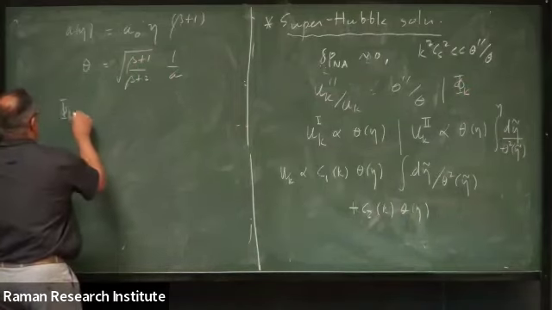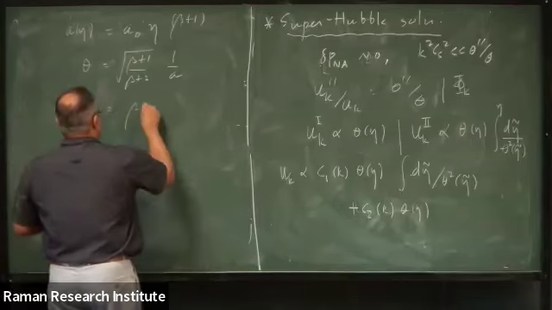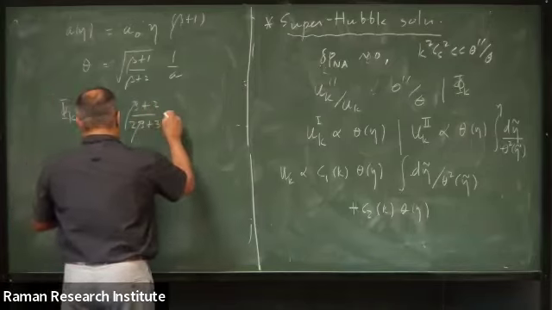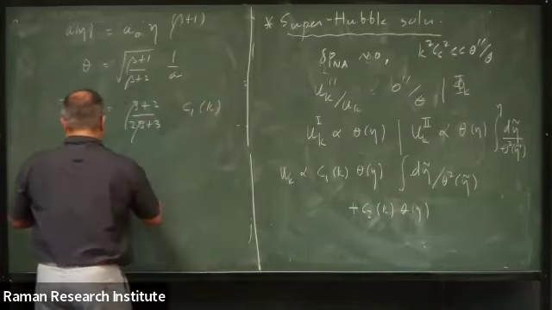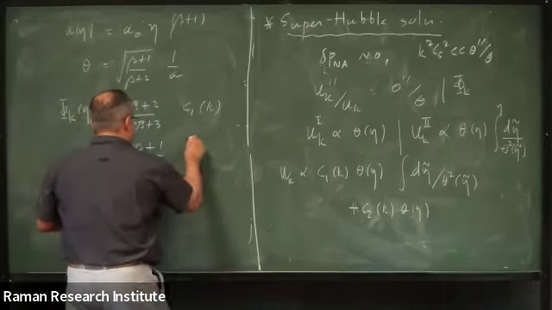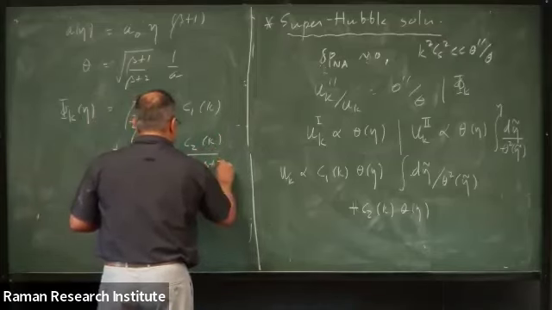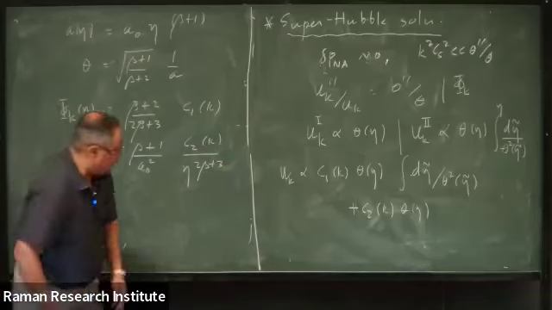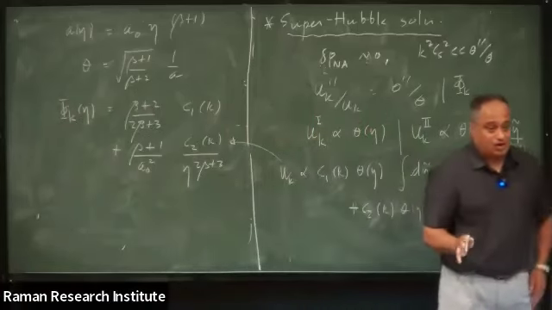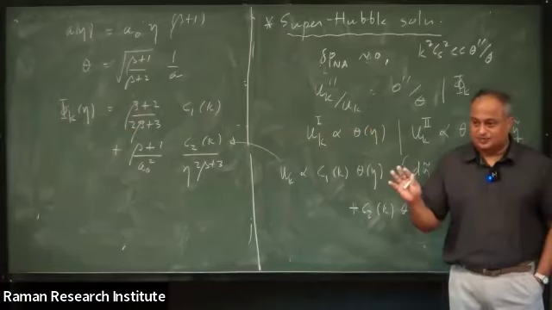The solution for phi k of eta happens to be beta plus 2 by 2 beta plus 3 into C1 of k plus beta plus 1 by a naught squared C2 of k divided by eta to the power 2 beta plus 3. This is the complete solution. This is just evaluated here. That's all. Is that clear? So for power law expansion, we can obtain the solution to the Bardeen equation on super Hubble scales.